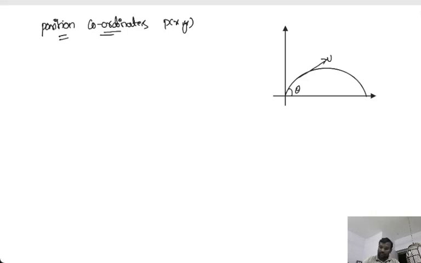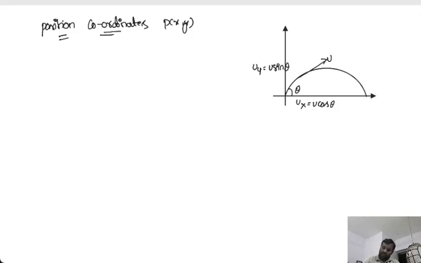So the angle touching the horizontal is represented by cos theta. This u value is resolved into two components: ux is equal to u cos theta, and along the y-axis, uy is equal to u sin theta.